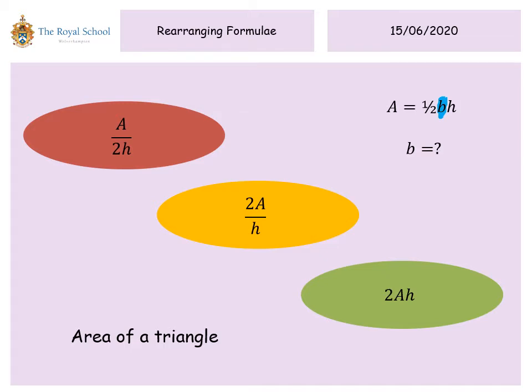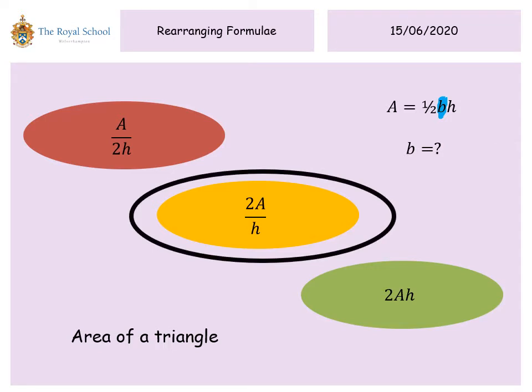Well, actually we haven't got anything with a half in here, so you've got to remember that dividing something by a half, finding out how many halves go into it, is the same as timesing by 2. So we could rewrite this one as A times by 2 and divided by h. So we should end up with a middle one here. A has been times by 2 and then we've divided by h.